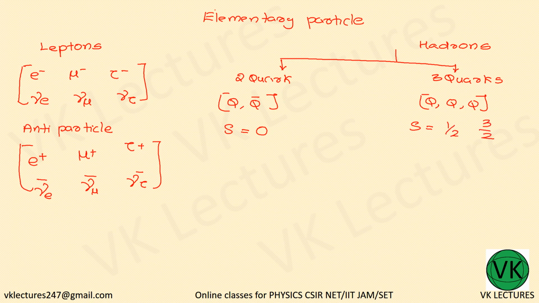Now for spin 0, these are called mesons or bosons, and for 3 quarks it is called baryons. The 3 quark group is called baryons, while the 2 quark group is called mesons.